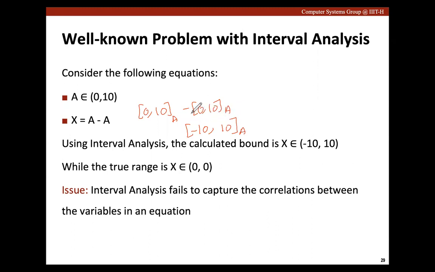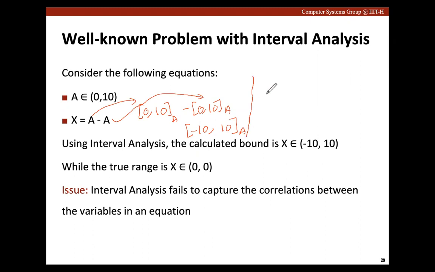Because when we do interval analysis, when we move from this expression to these ranges, we are ignoring the source variables and we are just working on the ranges. Because of that, correlations are not captured in interval analysis.